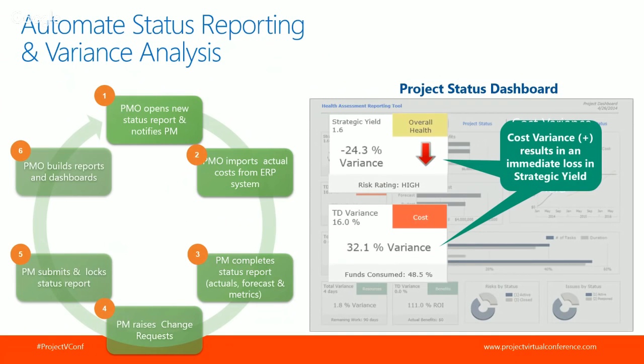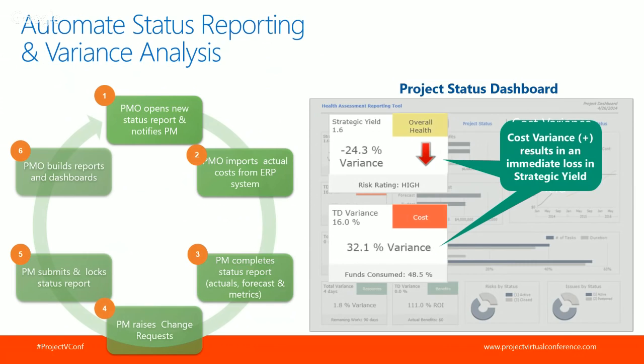So what's important here? Obviously, there are a lot of metrics that we're going to track within generic status reporting, but really we want to look at the impact on cost as well as yield. Yield being the effectiveness and value maximization of a project.